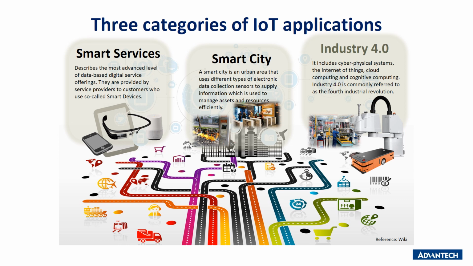A smart city is an urban area that uses different types of electronic data collection sensors to supply information which is used to manage assets and resources efficiently. Industry 4.0 includes cyber-physical systems, the Internet of Things, cloud computing, and edge computing. Industry 4.0 is commonly referred to as the fourth industrial manufacturing revolution.